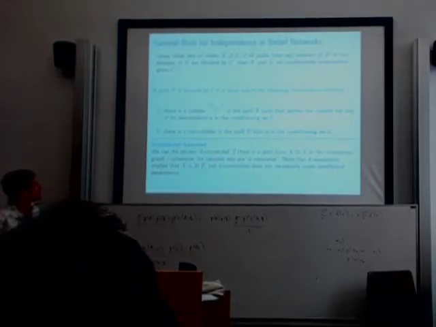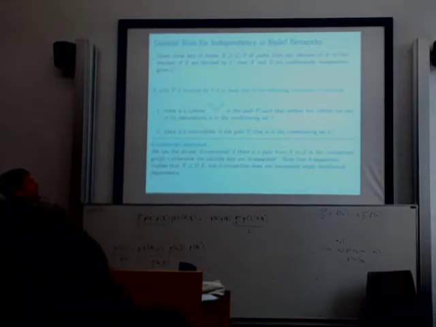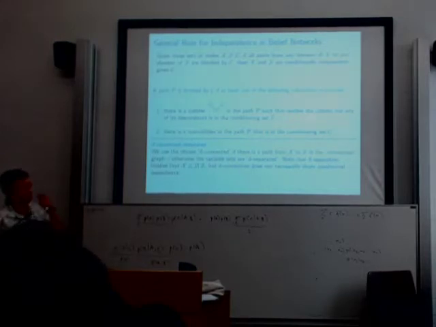You've got 3 sets of nodes, X, Y, and C. C is going to be our set of conditioning variables, the yellow variables. If all paths from any element of X to any element of Y are blocked by C, then X and Y are conditionally independent.